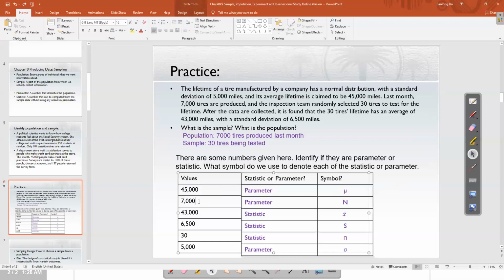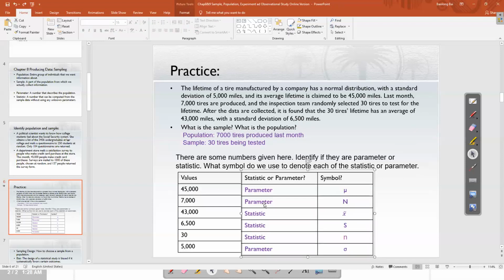Then the next number, 7,000. We know that's referring to the entire population size, right? So it's describing the size of the population, then it's a parameter.